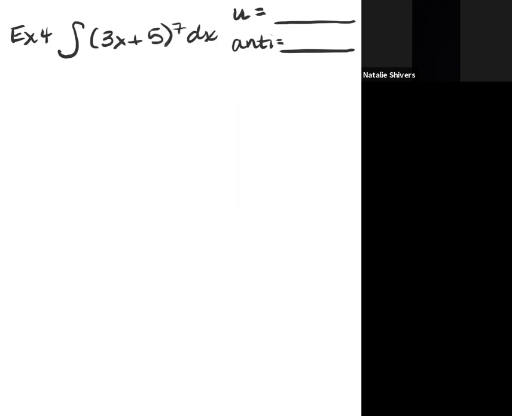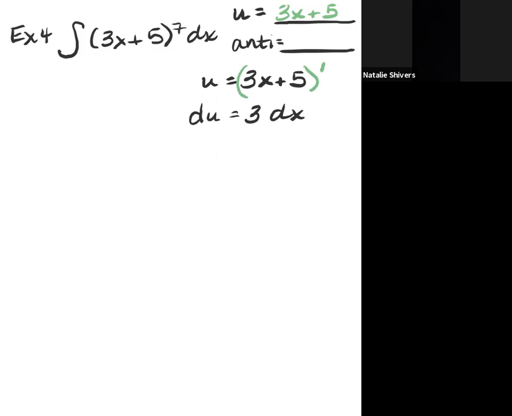The u here is actually 3x+5, whatever's in that parentheses. So I always write to the right side, u equals 3x+5. Then we're going to take the derivative, so we get du equals 3 dx.